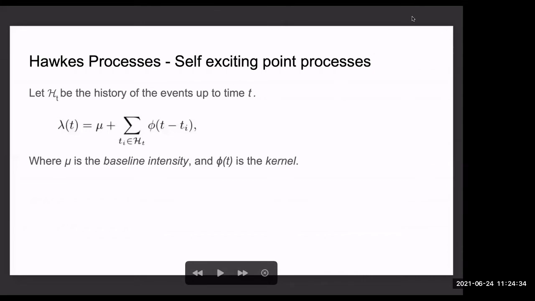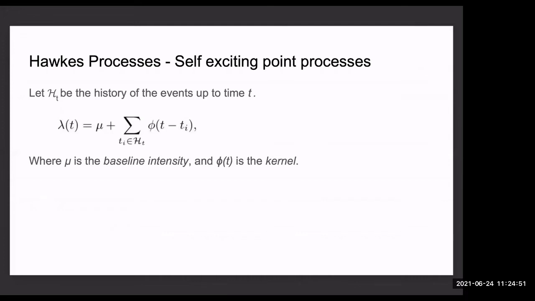We found a point process that captures a self-exciting phenomenon, known as Hawkes processes.